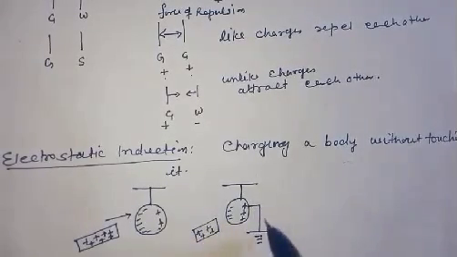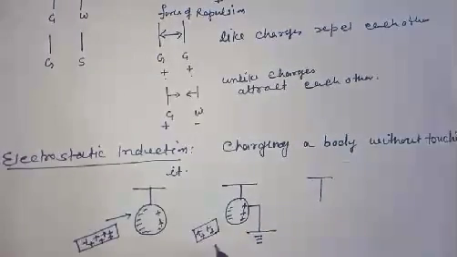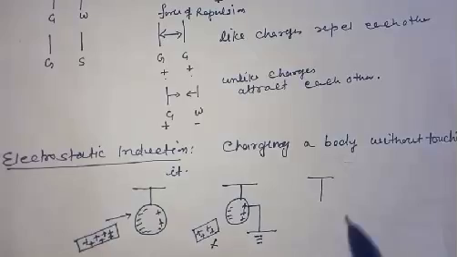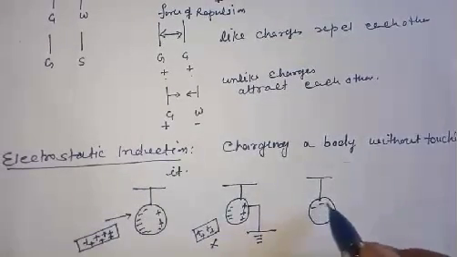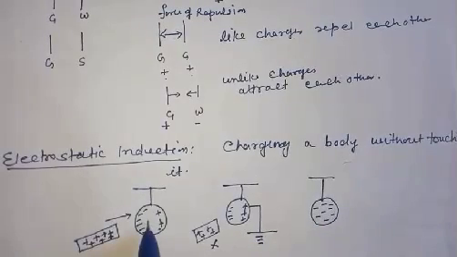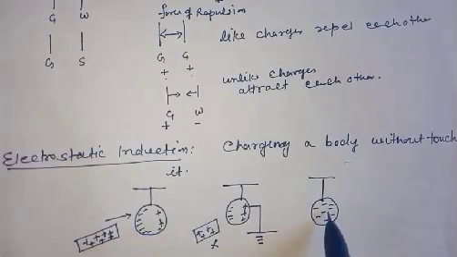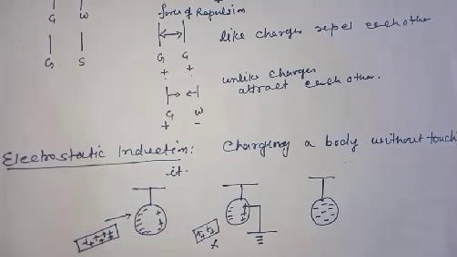Now remove this positively charged rod from here, and what will you get? All the negative charge will be distributed here. In this way, this uncharged metal sphere becomes a negatively charged sphere, right? So this is electrostatic induction.